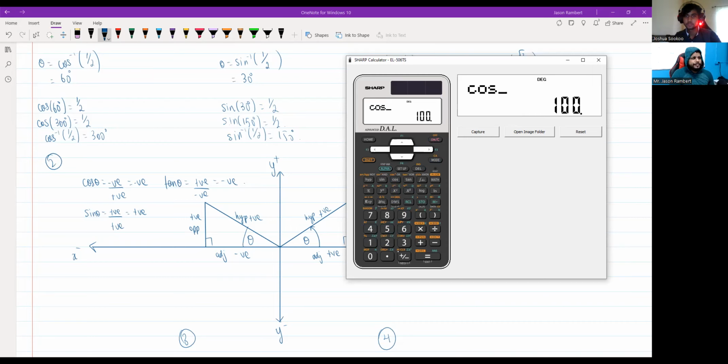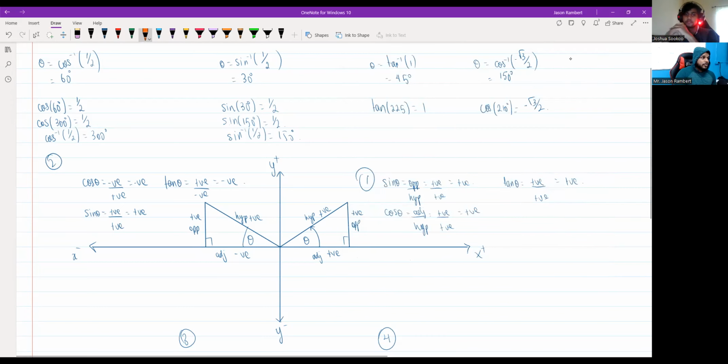If theta is between 90 and 180, cosine theta will be negative. What about sine of 100? Will that be negative or positive? It will be positive. And tan of 100 will be negative. And these are the concepts I'm going to use in every single quadrant.